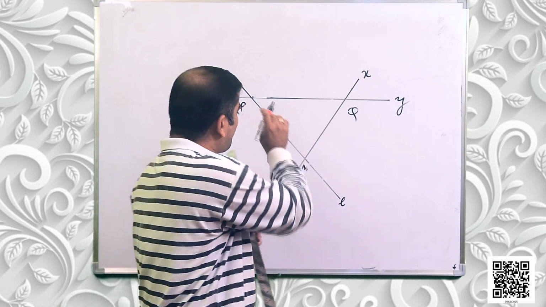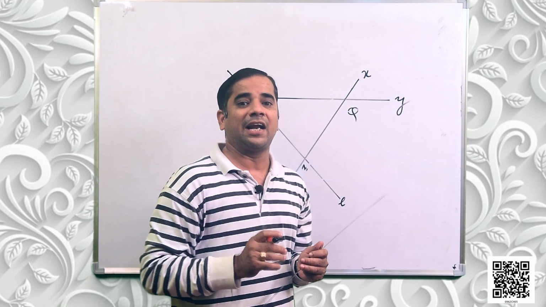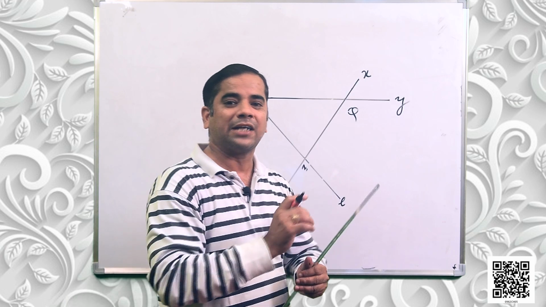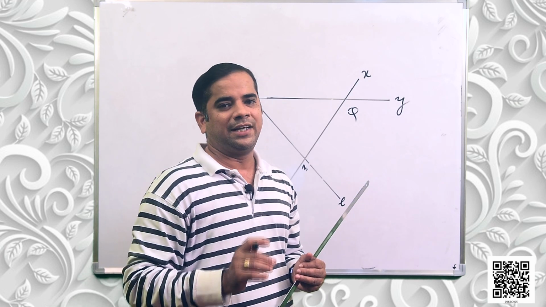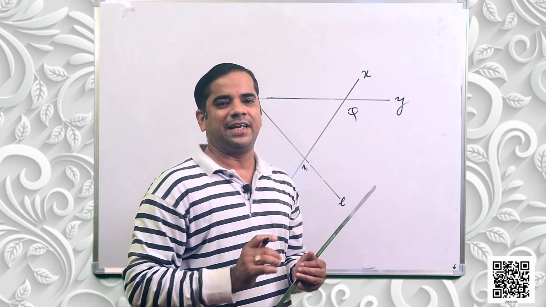So the statement that there are an infinite number of lines which pass through two distinct points is false. A single line passes through two distinct points.